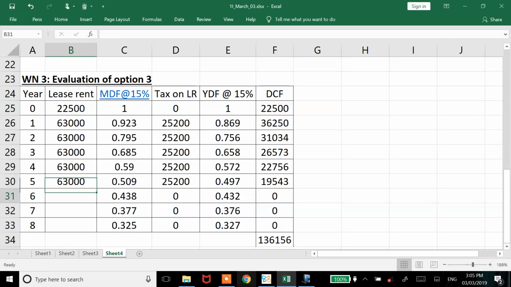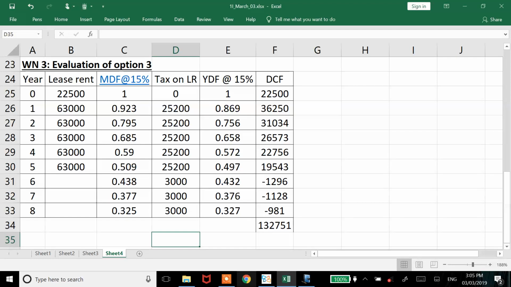And you will have year 6, 7 and 8, where depreciation is 7,500, but what matters is the tax benefit on that. 22,500 by 3: the deposit which you have created is converted as the book value of the asset, 7,500 into 40%.